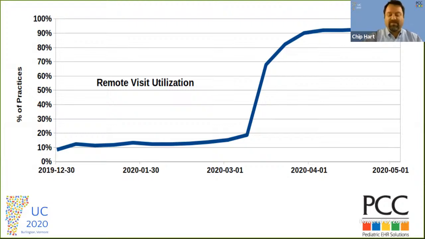The other thing I want to point out is, and I should have probably drawn this line, and maybe I'll do that for the podcast or for the webinar on Thursday. But if I were to, instead of just use a single telemedicine code, indicate the number of practices who are at 5% or more, like people who are actually using it as opposed to just accidentally using it, this would be a lot flatter.